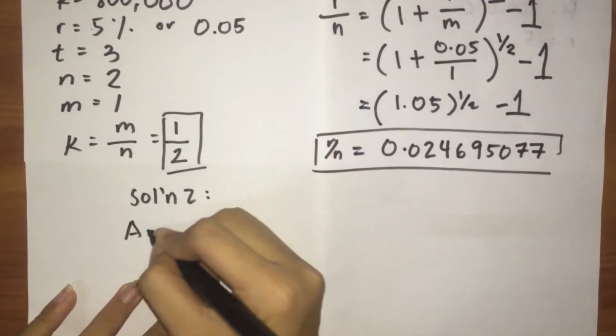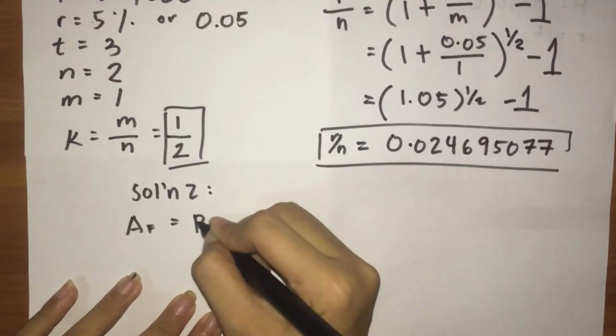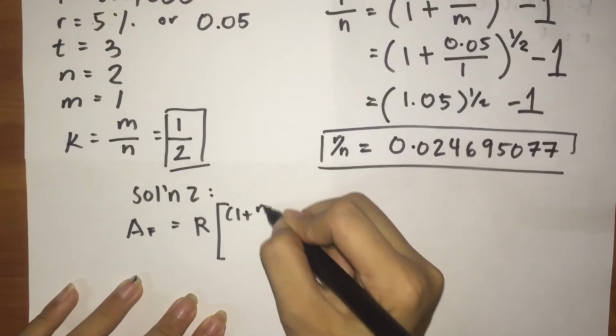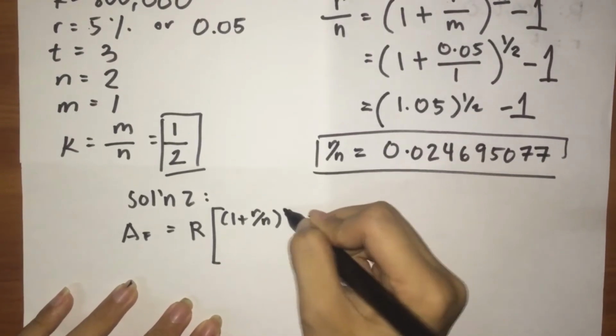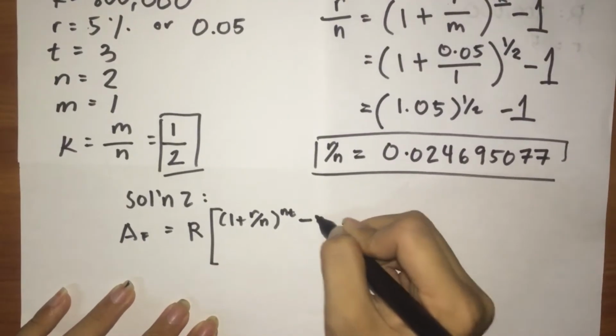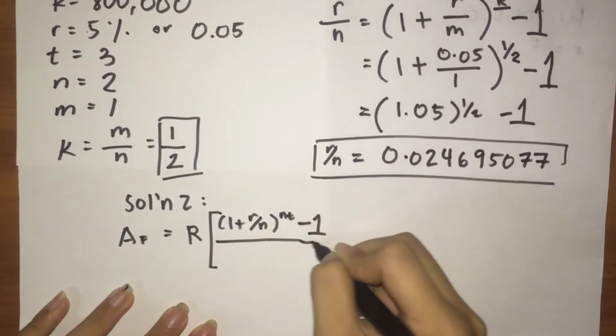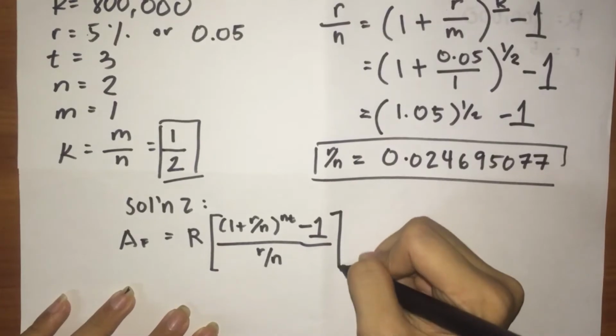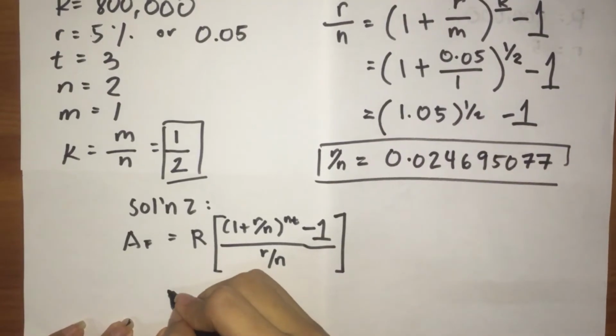So since we are looking for the future value, we have R times the quantity of 1 plus r over n raised to the power of nt minus 1 over r over n. We're going to substitute the same given.